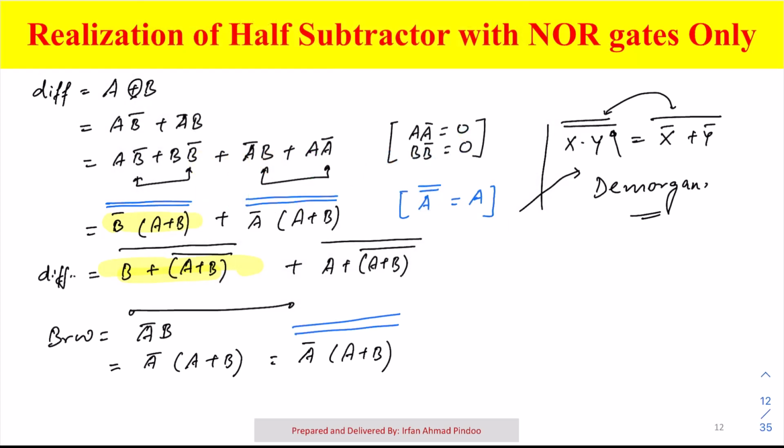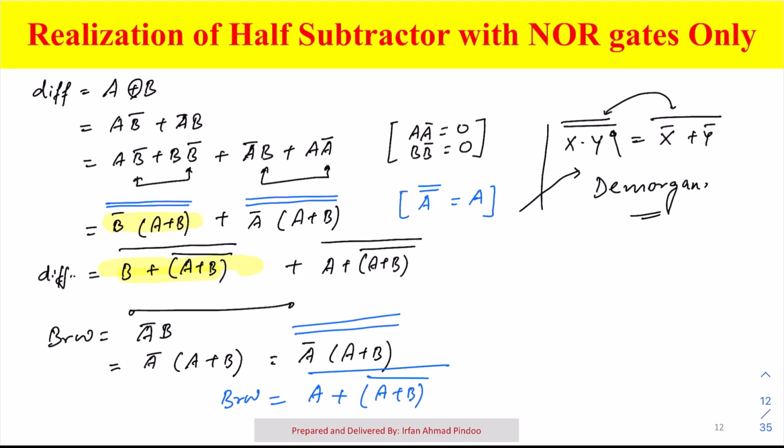Now we can break the inner complement, so once we apply De Morgan, it will be A plus B bar with whole bar. So this gives me the borrow equation.